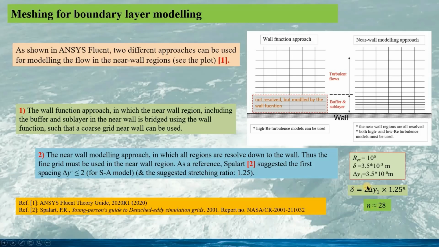That means within the boundary layer of 3.5 mm, we need to generate 28 grid layers for the near wall modeling. So we can see a very fine grid must be generated near the wall. So this will pose challenges for the near wall modeling approach in practical problems.